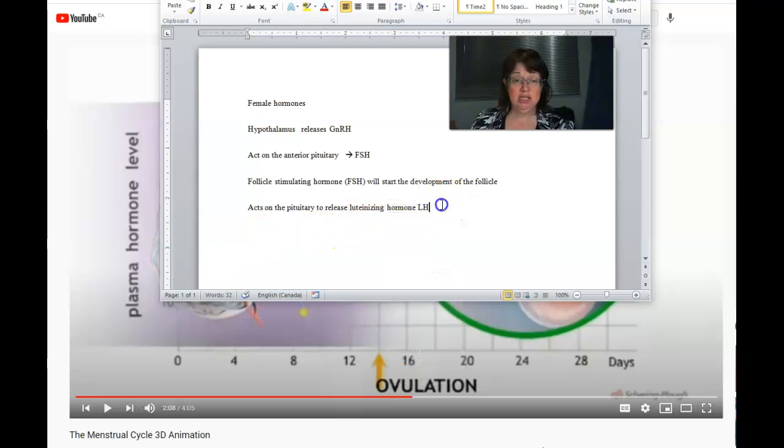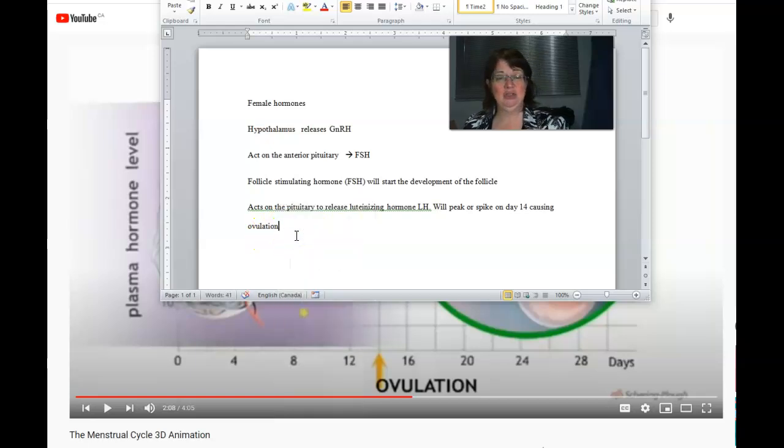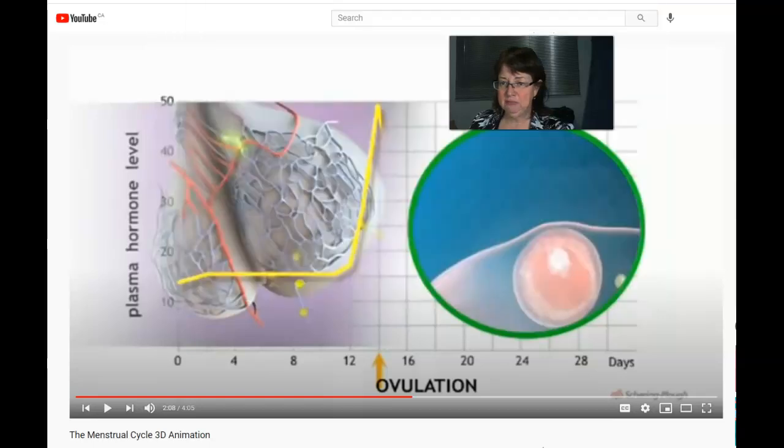Now, luteinizing hormone will peak or spike on day 14, causing ovulation. Okay? And ovulation is the release of the egg, pretty much, okay?